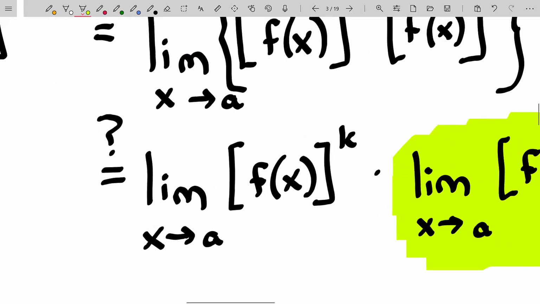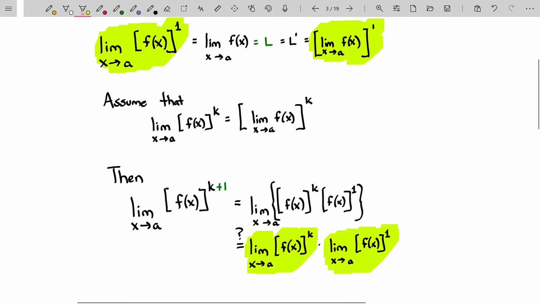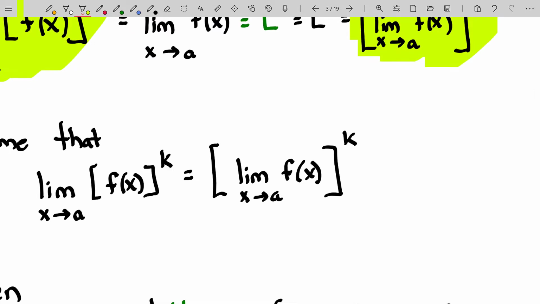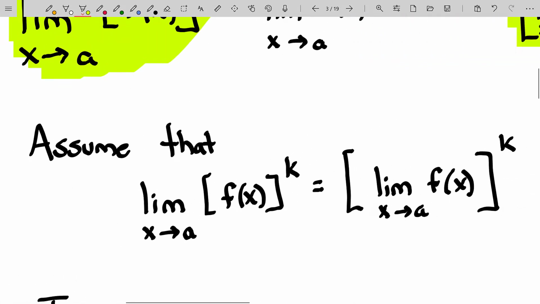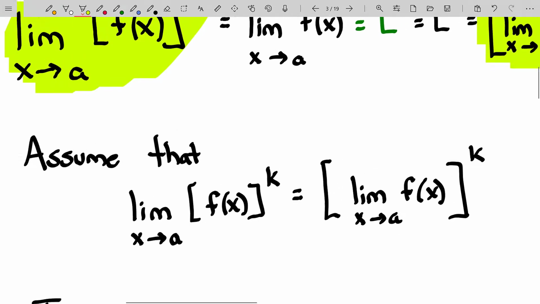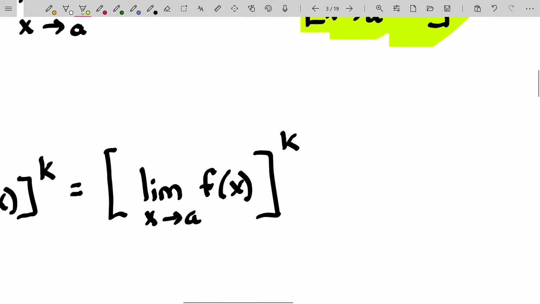But what about the left factor there? Is this business right here a finite number? Well, it is. It's a finite number because the limit as x approaches a of f of x to the k, we've assumed that's equal to the limit as x approaches a of f of x being raised to the k.